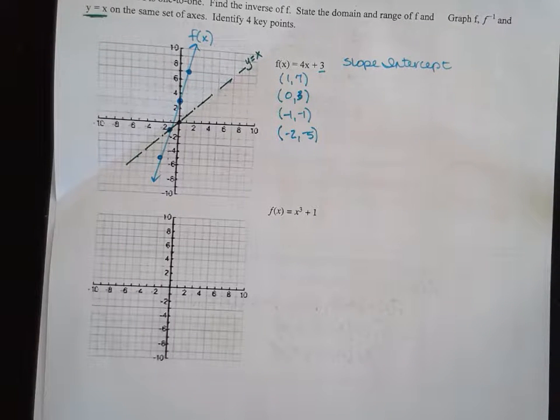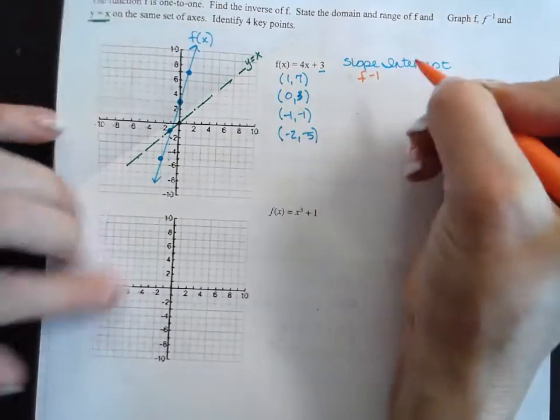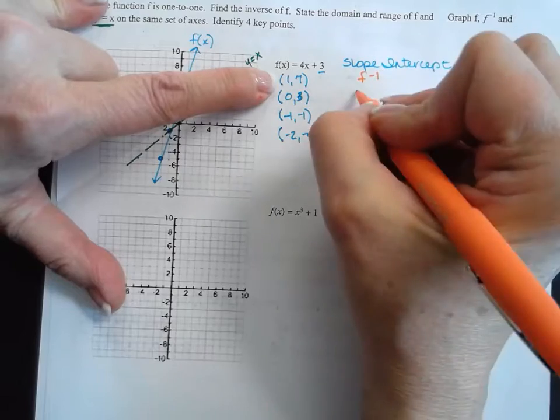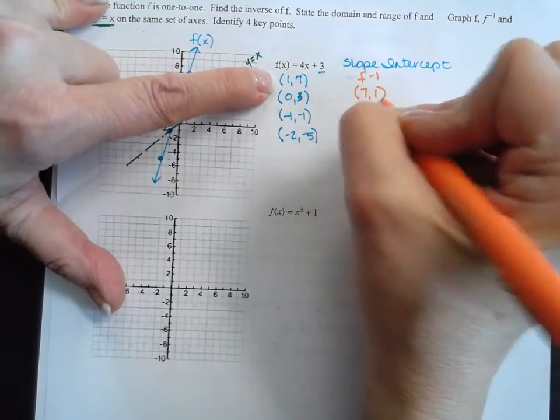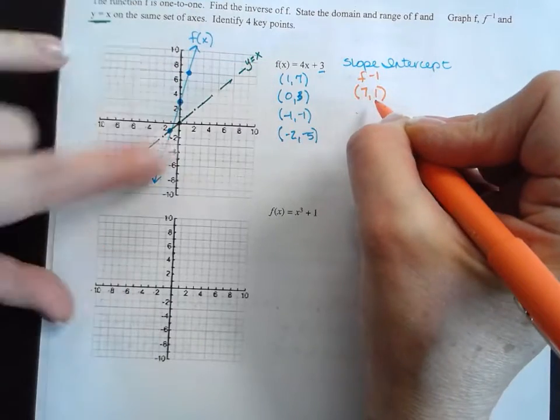But it's sometimes easier if you have your points, just flip your points. So 1, 7 is going to become 7, 1.